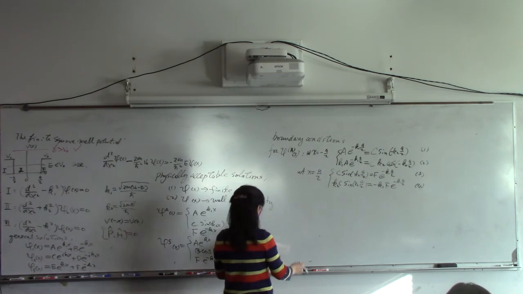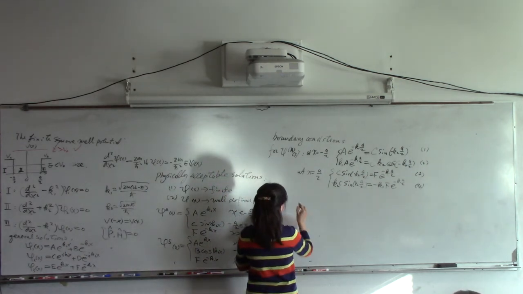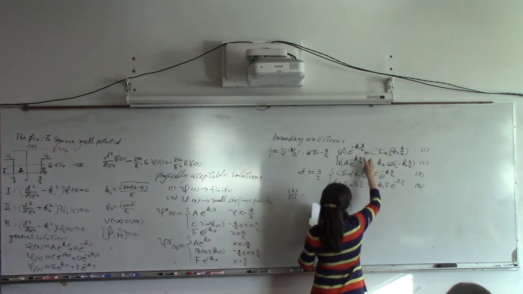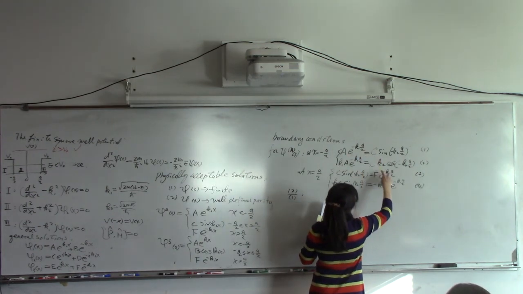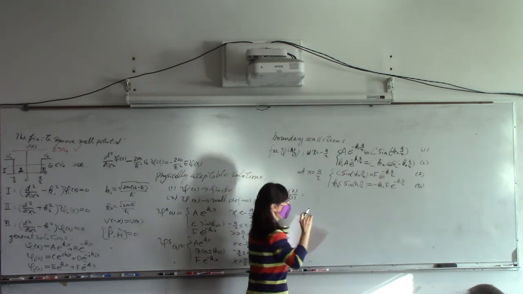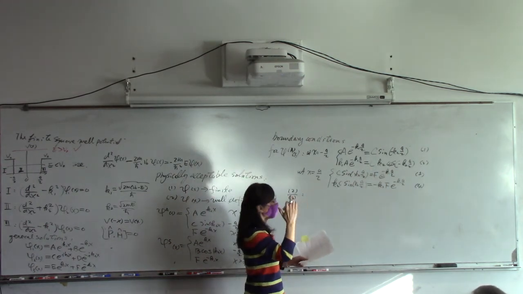Okay, so now we have several cases we can do. Let's first do 2 divided by 1. You can see A cancel, C cancel, right? So we have a relation between K1 and K2. We are going to use this to find the allowed energy.